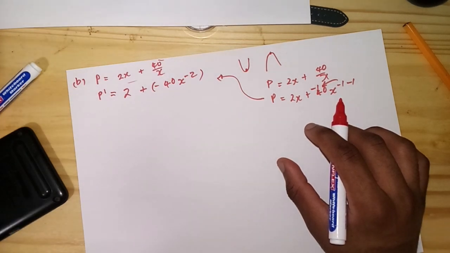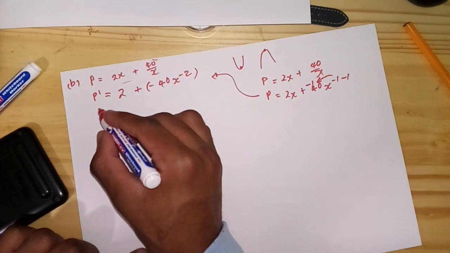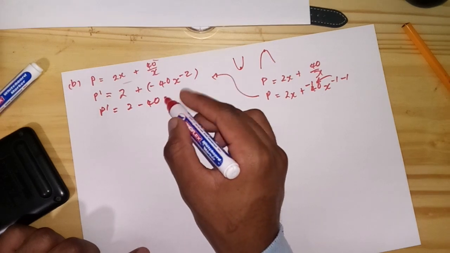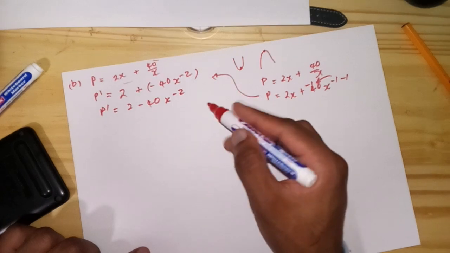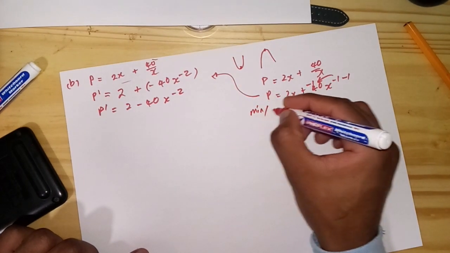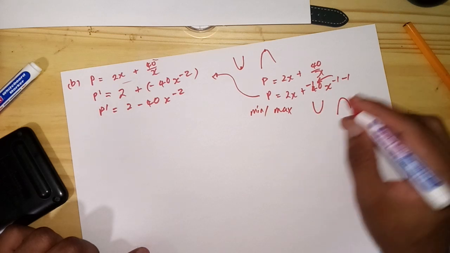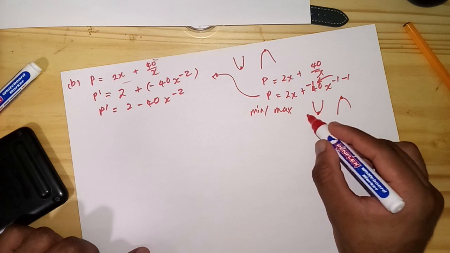All right, now we're continuing. So what are we finding? First derivative gives you 2 minus 40x to the power minus 2. So remember, if we're trying to find the minimum or maximum point of a curve, the gradient at the minimum or the maximum point is 0.